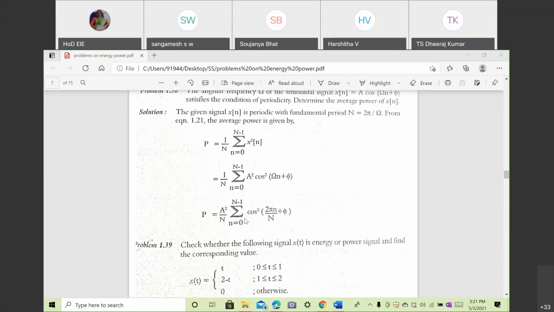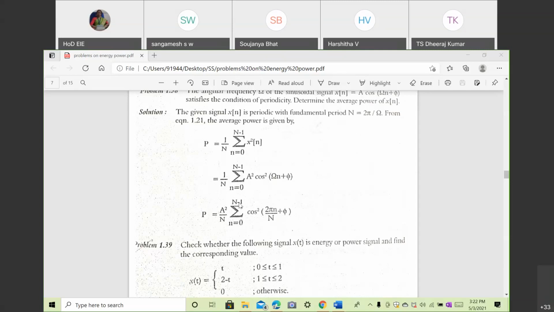We can assume them and continue. But if they give them, then we have to take those; otherwise we have to stop here only. Because if you assume one data, another person will assume another data, and we'll be getting different-length equations, since the summation is from 0 to N minus 1.